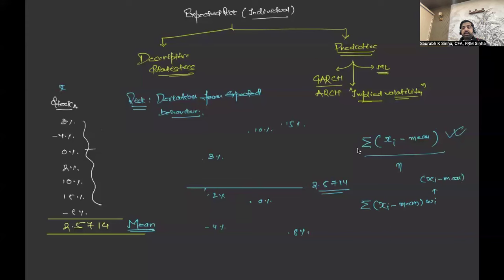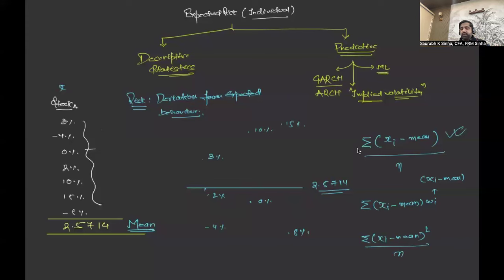That's what my weight is. And therefore, the variance formula would look like (xi minus mean) whole square upon n. That's it. And that is the formula for the variance. But there is a problem.